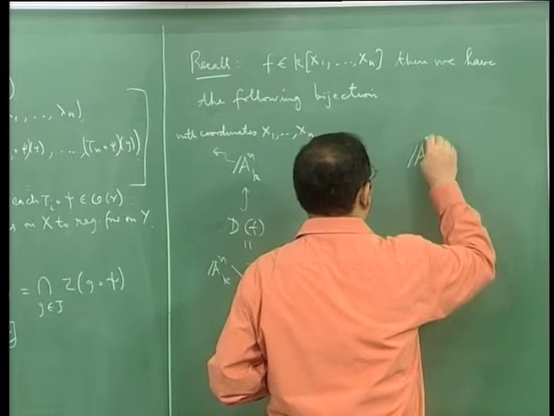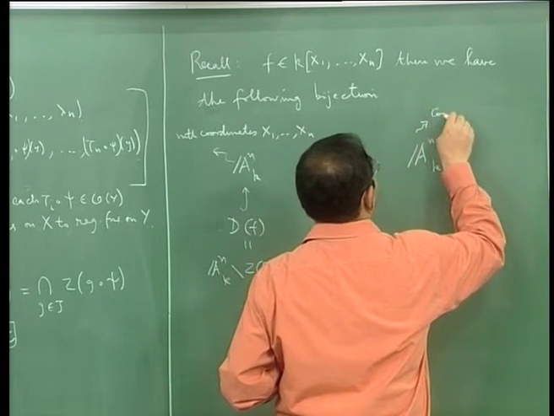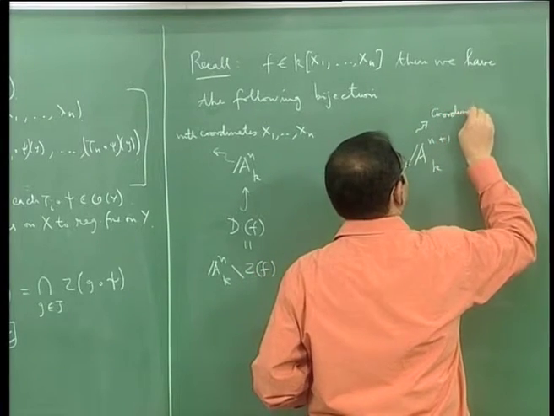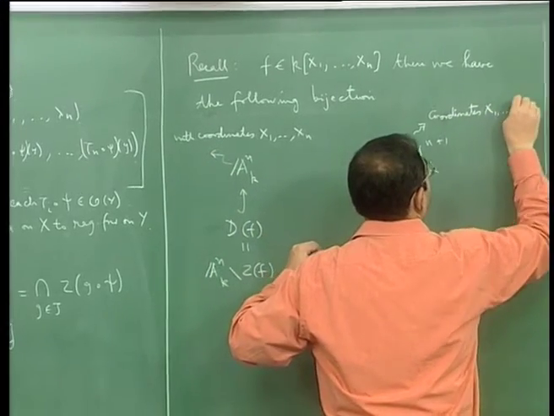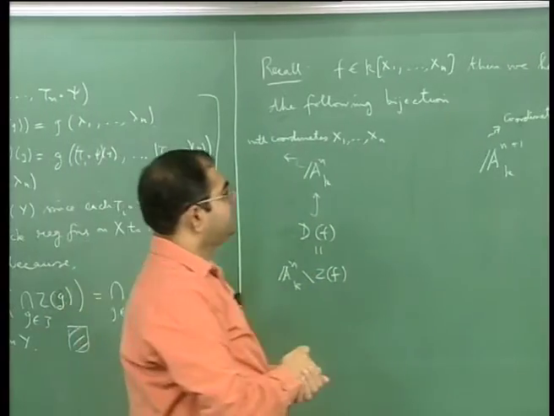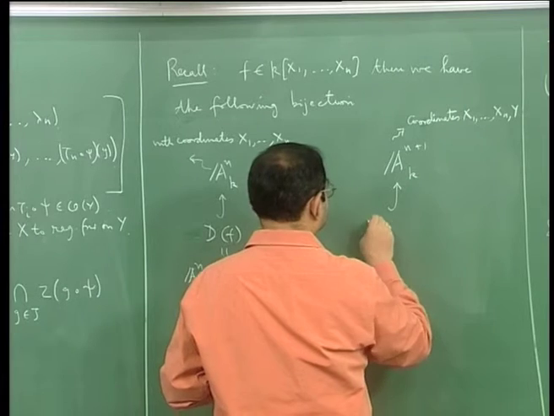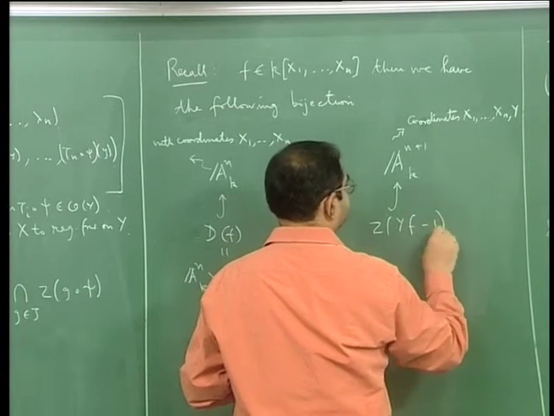That comes about by taking A^(n+1) of k with coordinates the same x1 through xn, but I add an extra coordinate y. Okay, and what I do is I look at the zero set of yf minus 1.